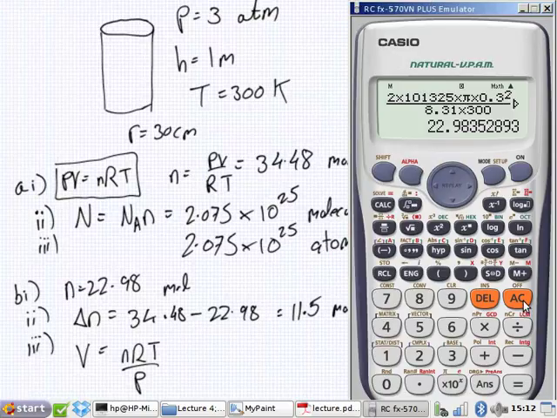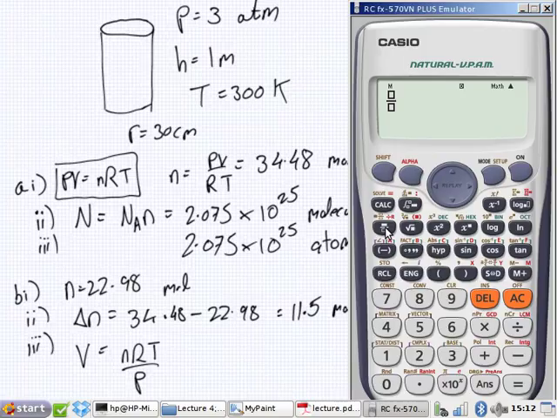So let me just clear this. What n should I use? 11.5. Is that clear? Because you're looking at the helium that escaped, right? The R, 8.31. The temperature, 300, because I said it's 300 Kelvin in the room. And the pressure? 1.